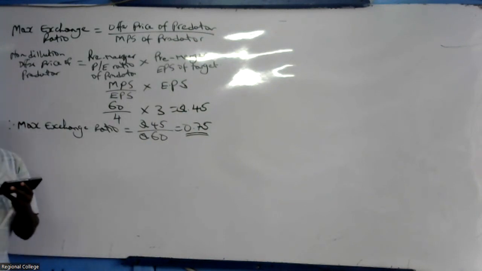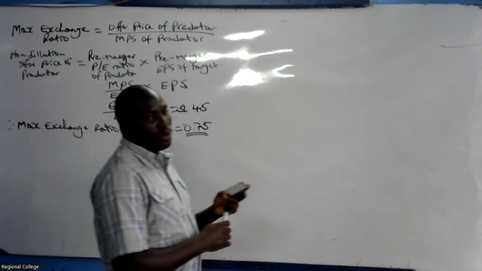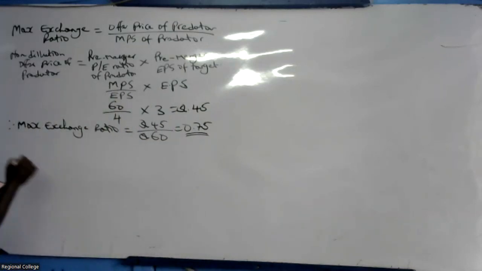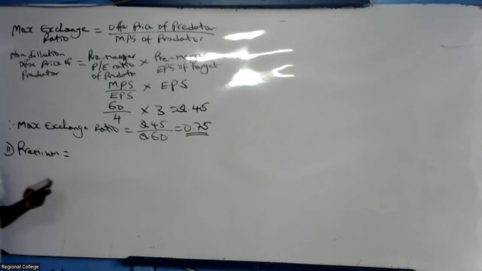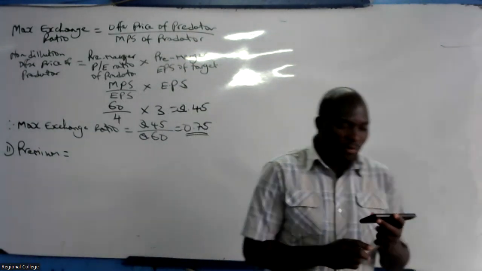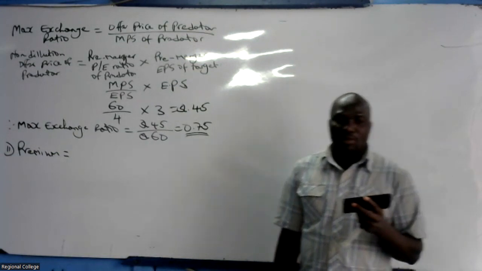Then you are being asked to get the total premium the shareholders of B Limited would agree to receive at the exchange ratio above. In simple terms, premium is like the profit. What is the value of one share of B Limited? 30 bob.